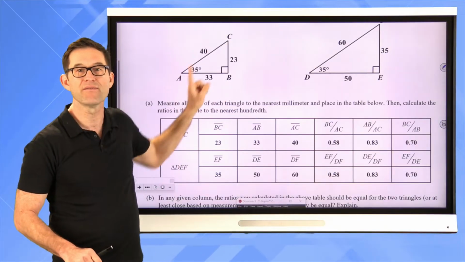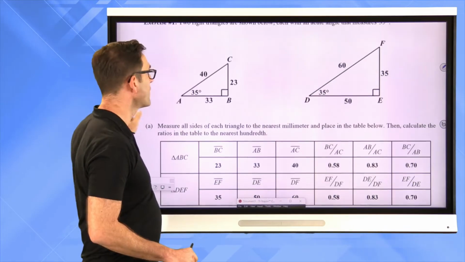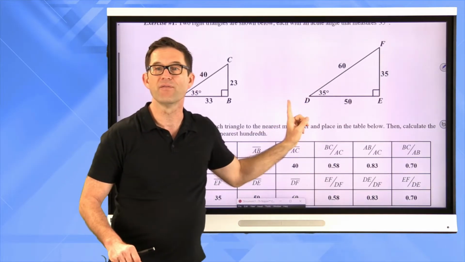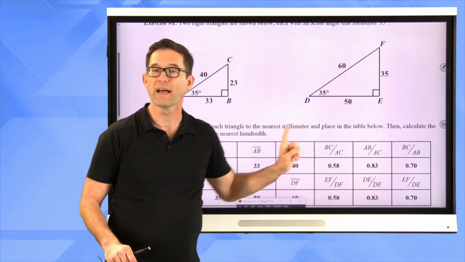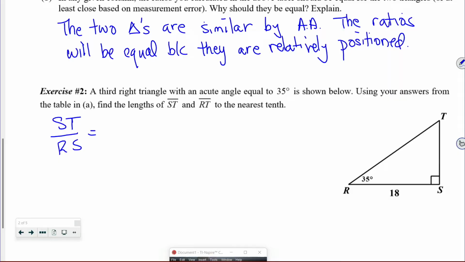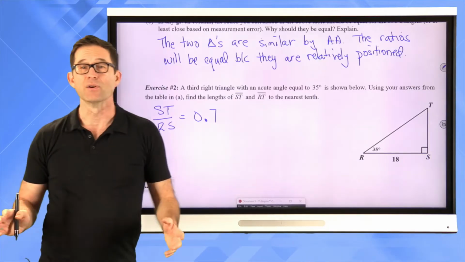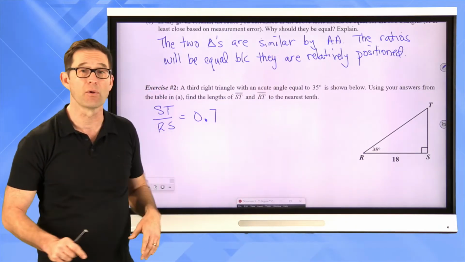So BC divided by AB, or, let me get this so that we can see it all in there, or EF divided by DE, right? It's this final column. That's what this ratio would have to be equal to. This has to be equal to 0.7. It has to, because that's the same relatively positioned sides as in the table above.